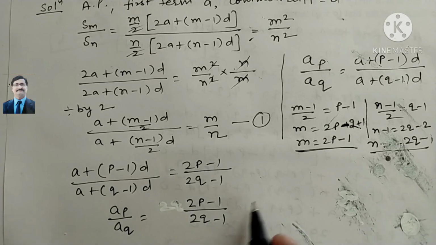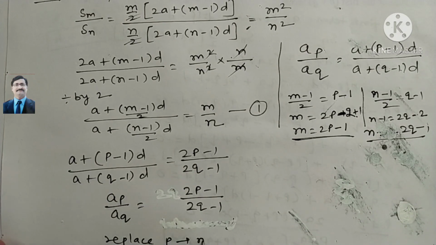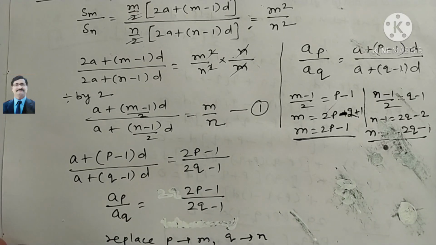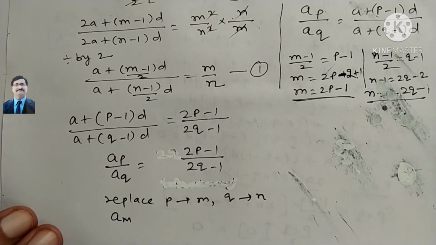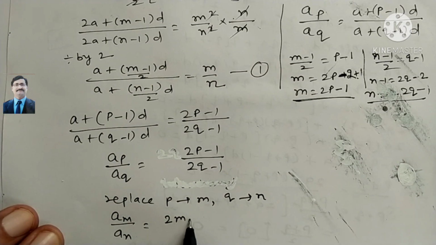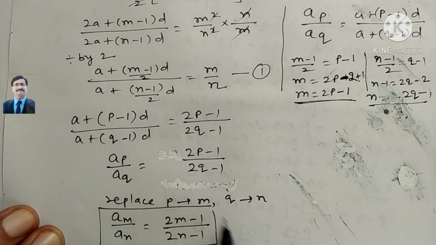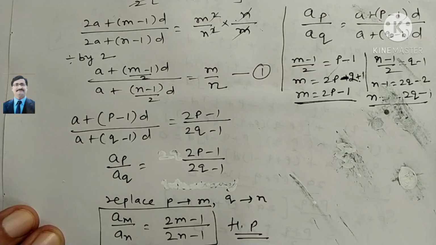And look here, we replace p by m and q by n, so we get am upon an, and this is equal to 2m minus 1 upon 2n minus 1. So this only we had to prove here. All of you understand this?